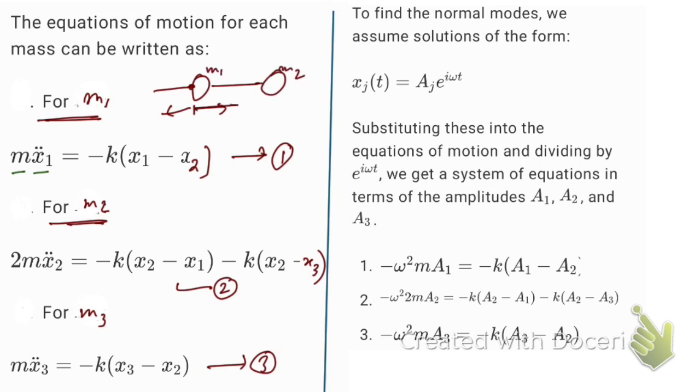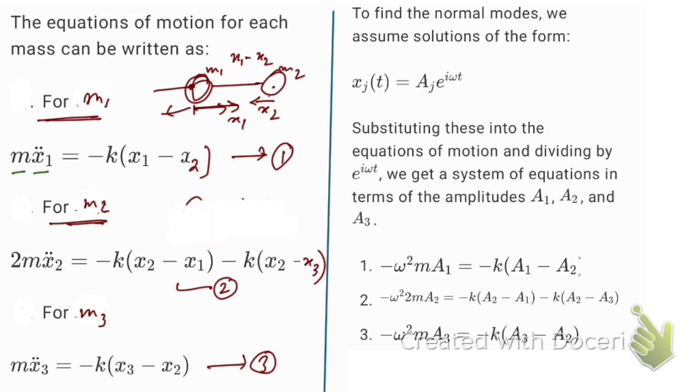When it displaces x1 and the other displaces x2, the net displacement will be x1 minus x2. Applying the formula F equals minus kx, where x is replaced by x1 minus x2, and F is mass into acceleration, and acceleration is x1 double dot. Hope you have understood this.